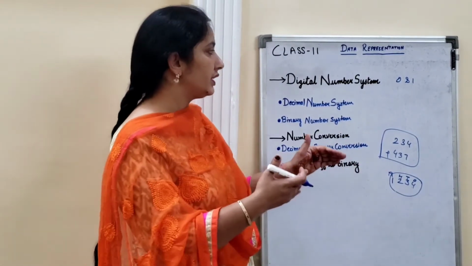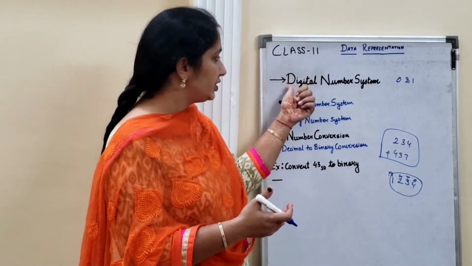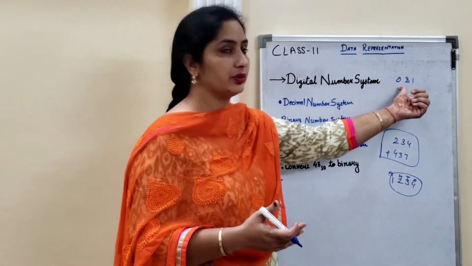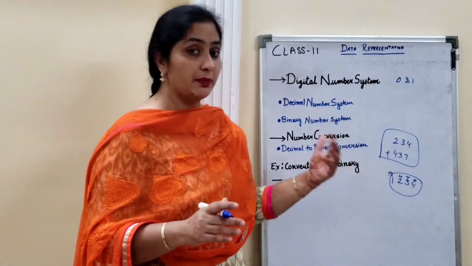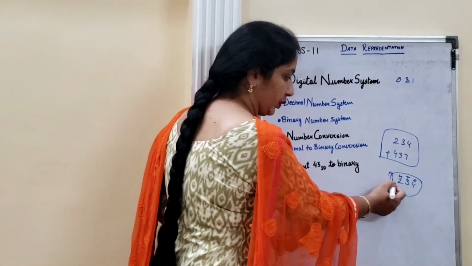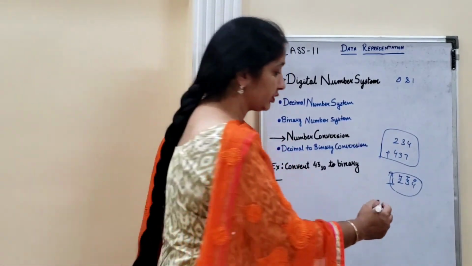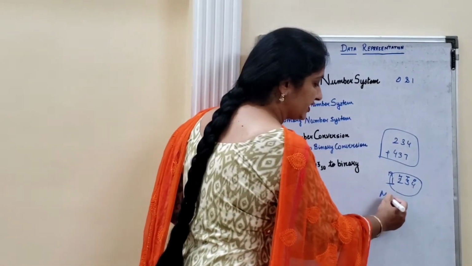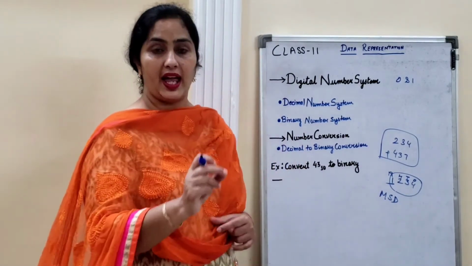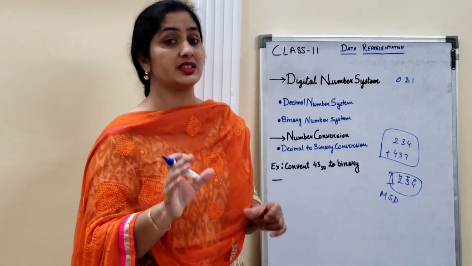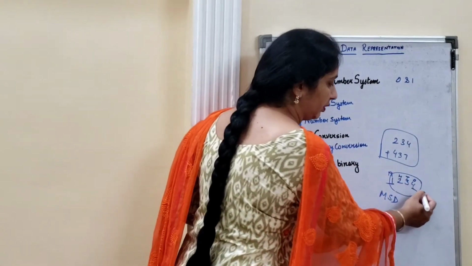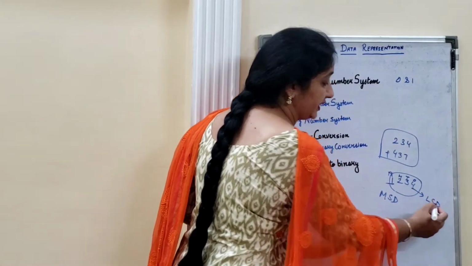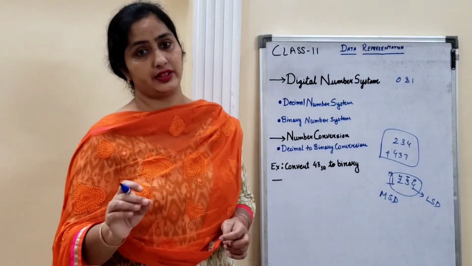When we convert these numbers into the digital number system, that is basically only two numbers, that is 0 and 1. But in a number, the first digit is called the most significant digit, MSD, and the last digit will be called LSD, that is least significant digit.